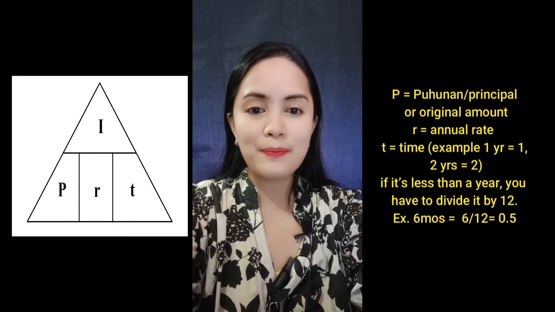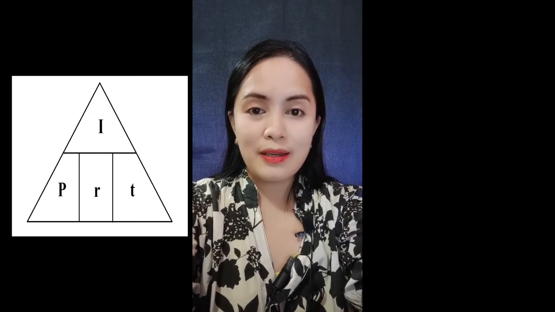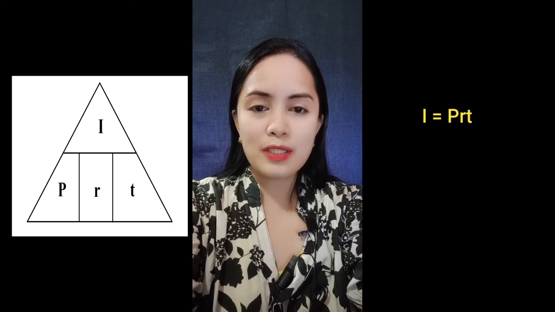Okay, take a look at our triangle. So we have here I over PRT. Say for example, you are going to look for the interest. Okay, if the interest is what is asked on the problem, you just cover I because this is what is asked, and then if you cover I, you have there PRT. So therefore I is equals to PRT. Say for example, the unknown is the P or the principal amount.